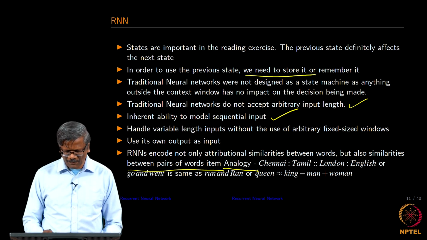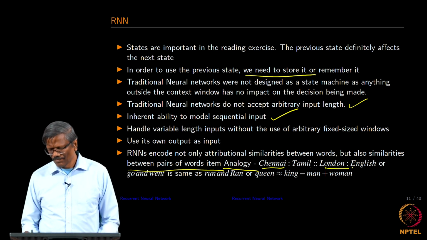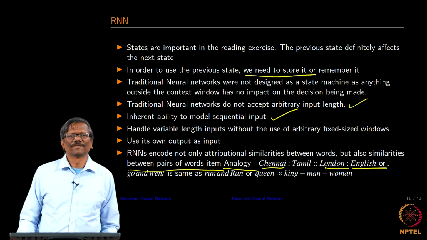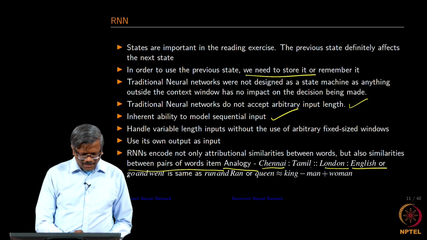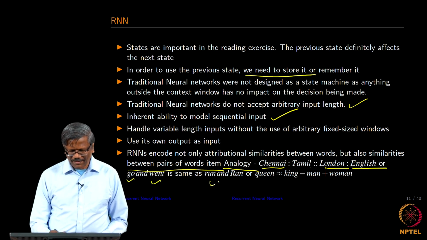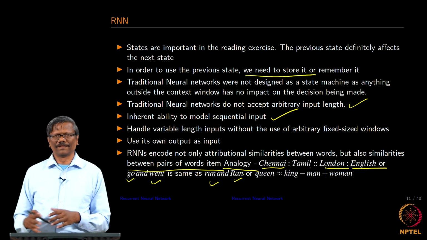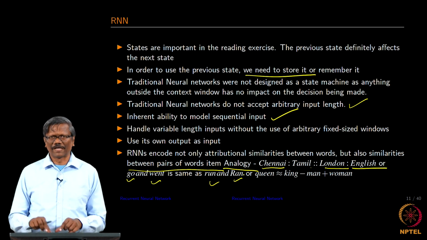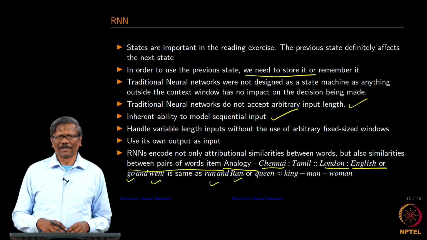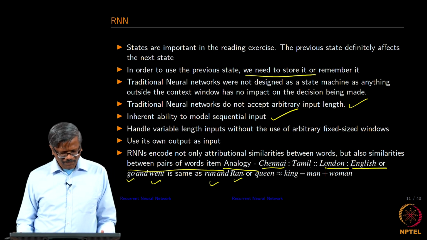For example, Chennai is to Tamil as London is to English, right. Or go and went is the same as run and ran. So, we should be able to find the analogies in the recurrent neural network as well. We will spend a half hour or 45-minute session on how to capture the analogies in the corpus.